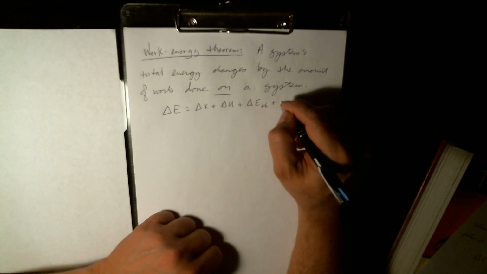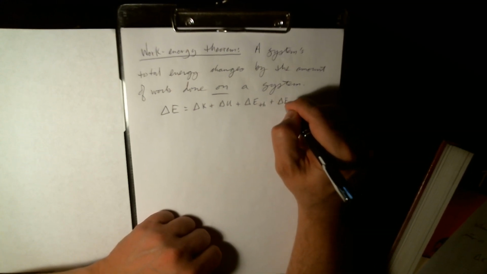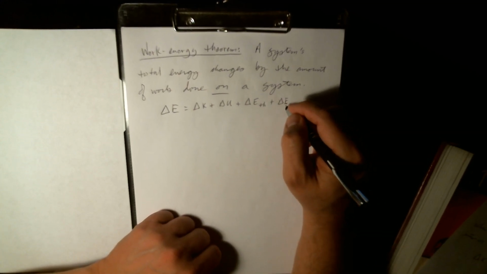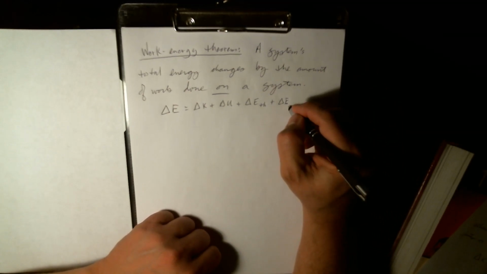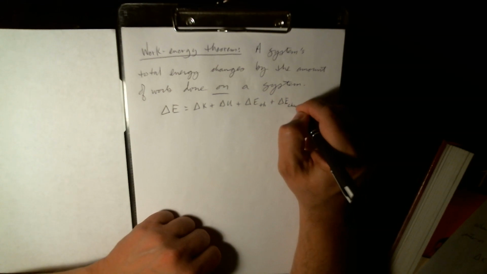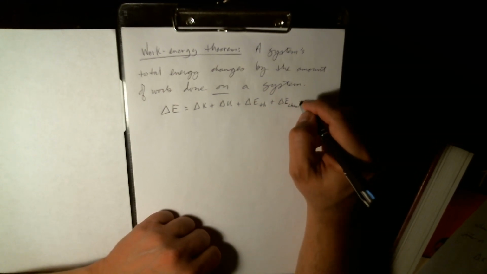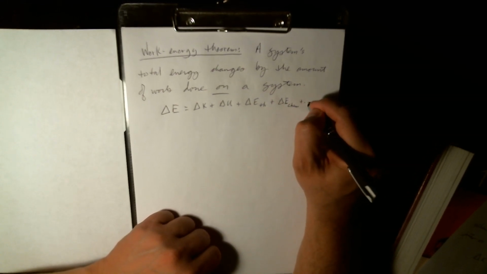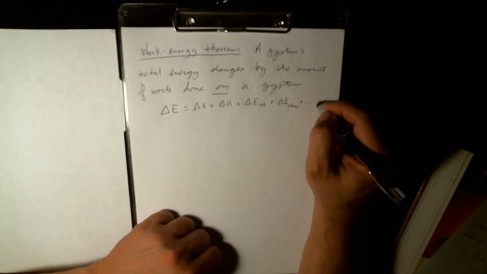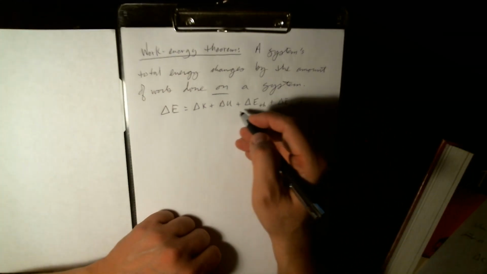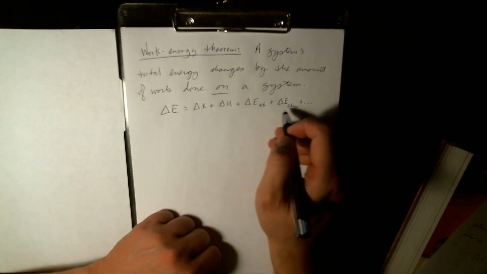You could have changes in your chemical energy, like if you're pushing your little cousin on a wagon or something. You could have a change in the stored chemical energy inside your body. You could have changes in the sound energy and light energy. I'm not even getting into all of it. I'm just going to put dots. There could be tons of changes in all the different types of energy.